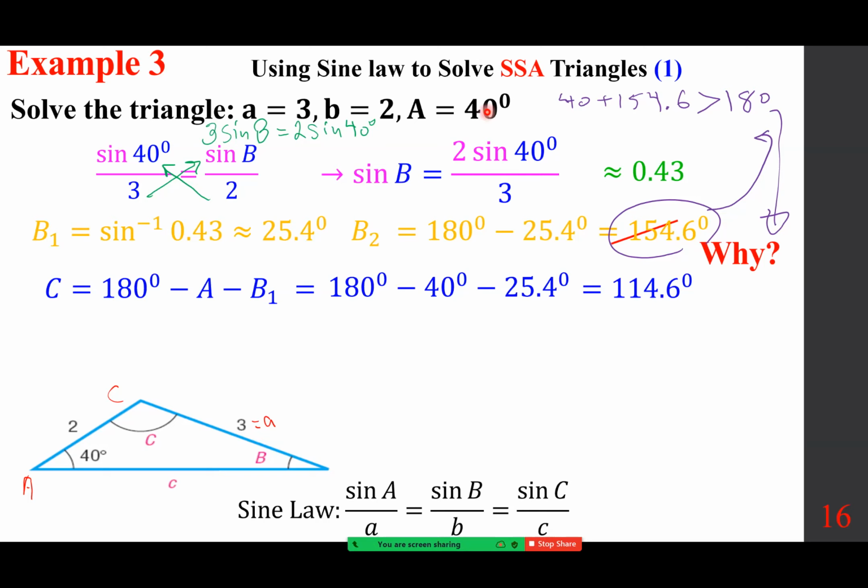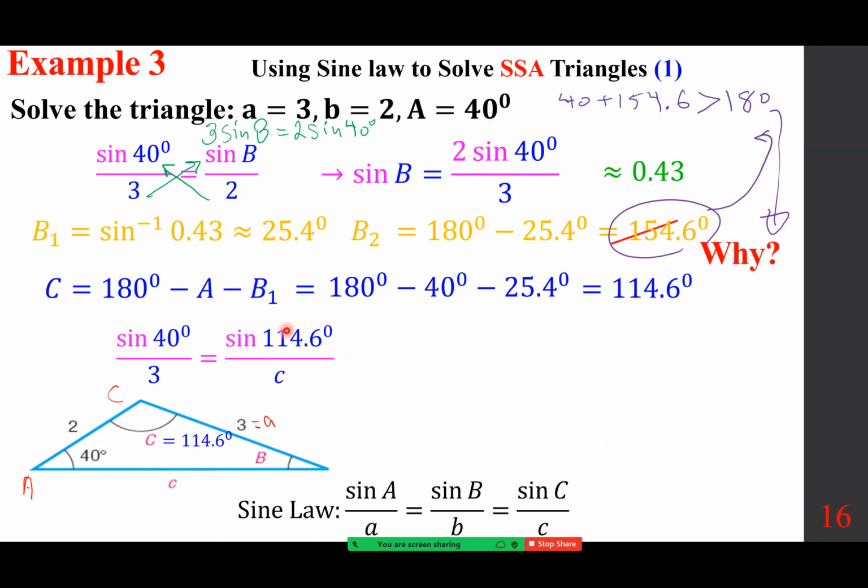So sine of 40 over 3 is sine of C, which is 114.6, over lowercase c, which is missing. So this is 114.6. And we're going to use this one.